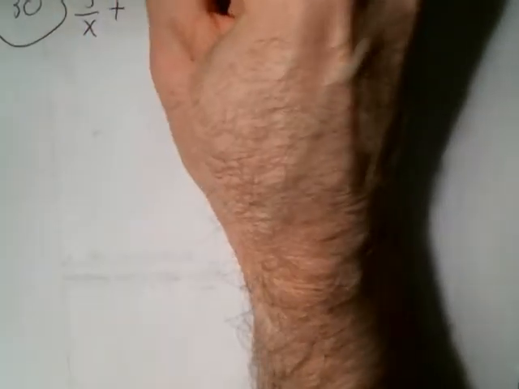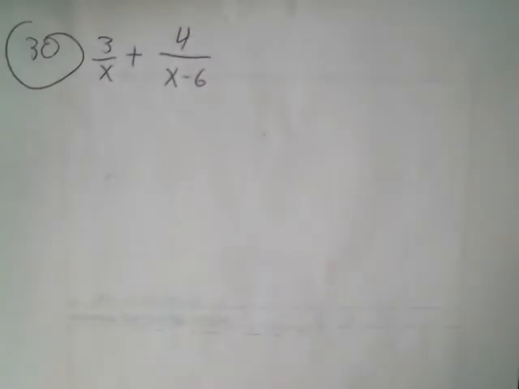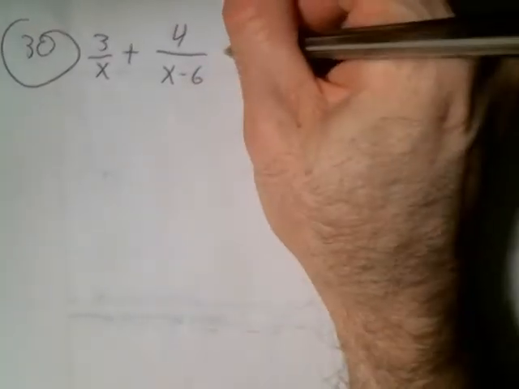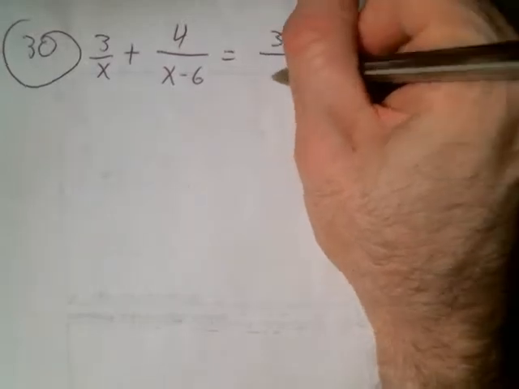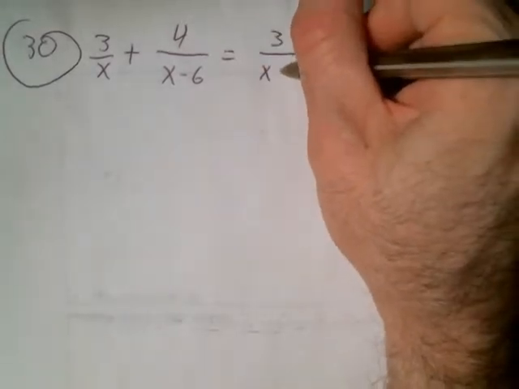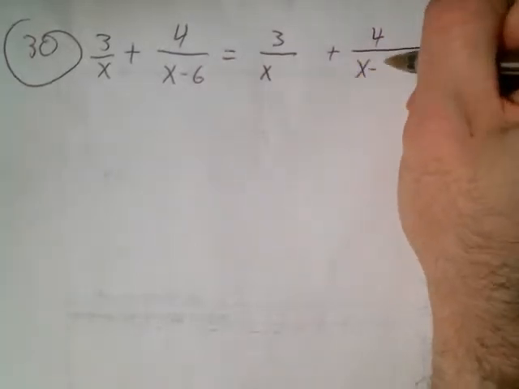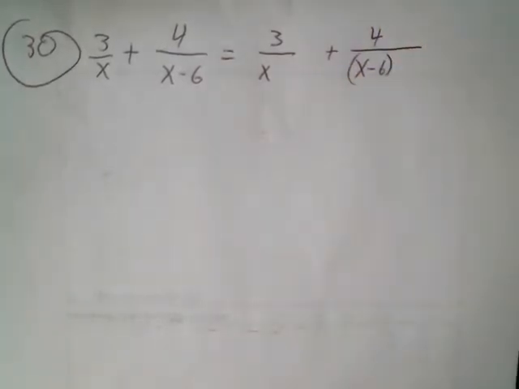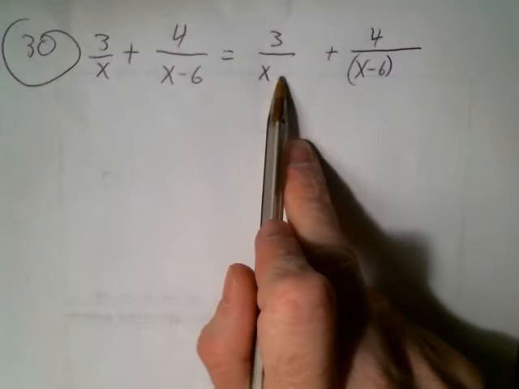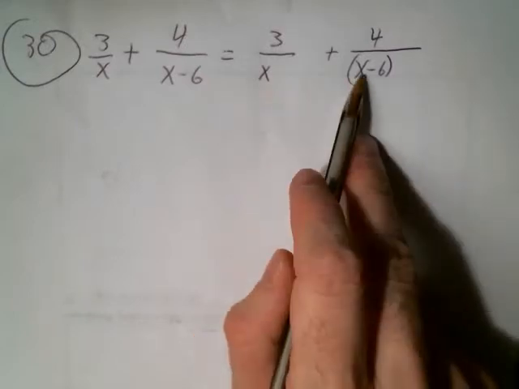Okay, so next, number 30, 3 over x plus 4 over x minus 6. The bottom's already factored. I'm just going to leave myself a little room. So this denominator is missing a factor of x minus 6.